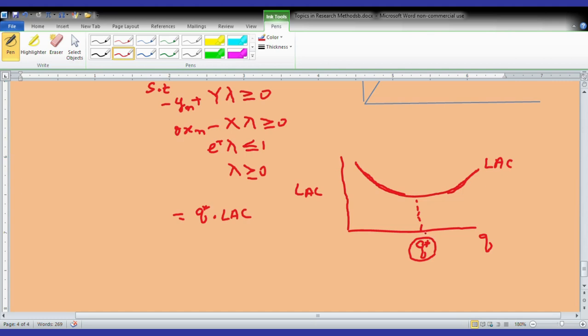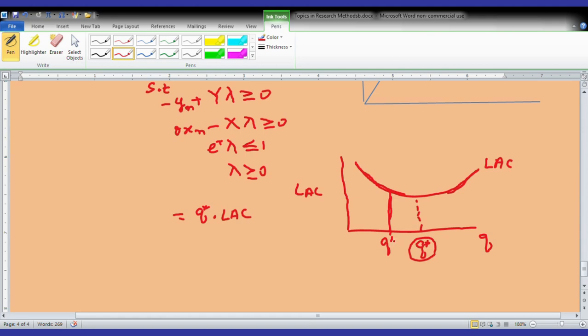If we are producing any level of output less than Q star, average cost is more than the minimum, which indicates that the output level being produced is less than the output level at which average cost is at its minimum.